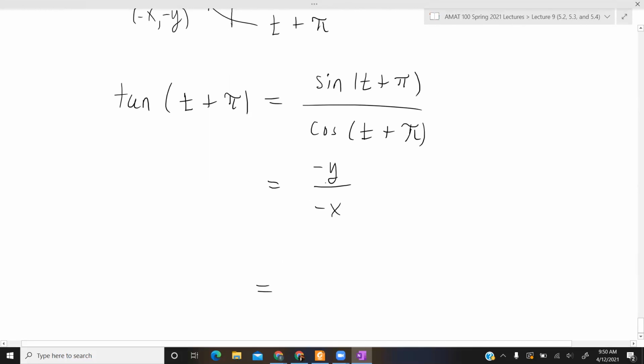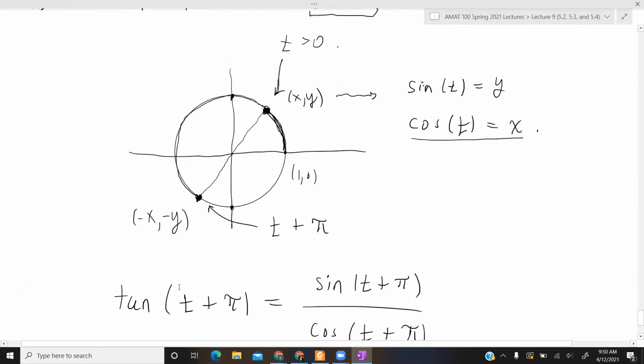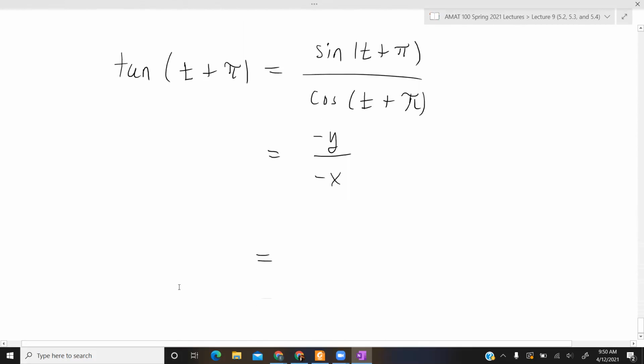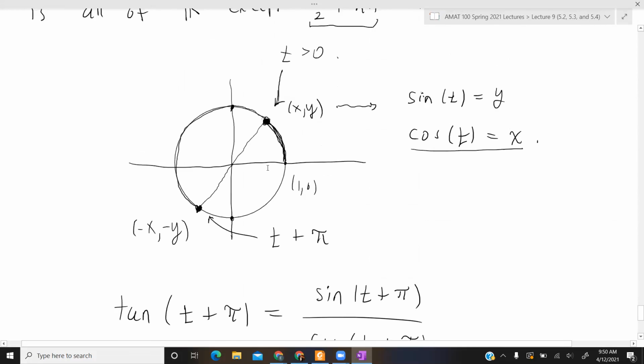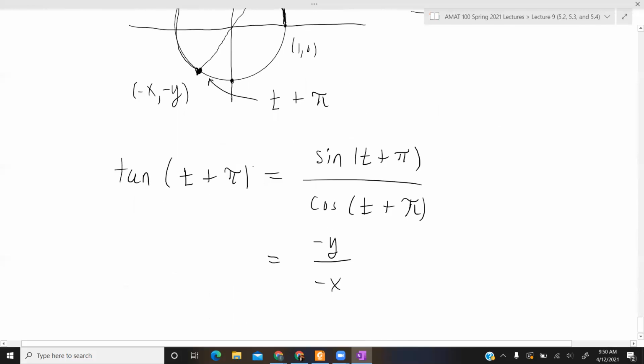Now they're both negative because in the third quadrant, the x and y coordinates are negative. They're going to be negatives of whatever these coordinates are, and we're saying the coordinates of this point are x and y, so the coordinates of this will just be the negatives.